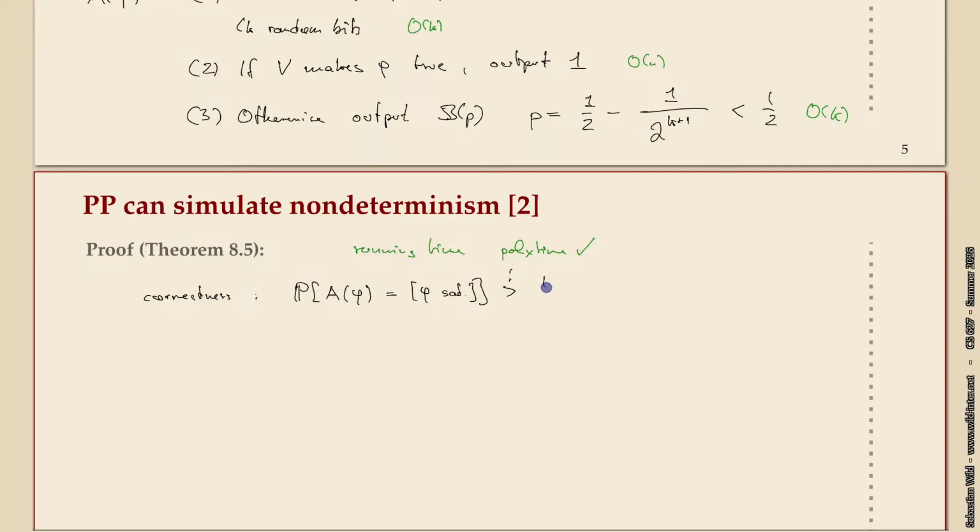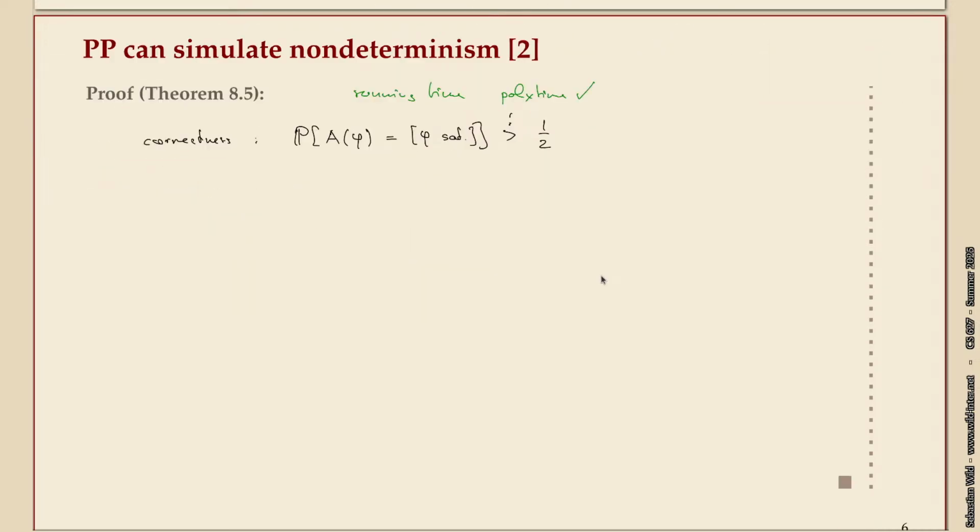This is a claim: strictly greater than 1/2. That's what we claim. And so we'll do a case distinction. If phi is in SAT, then we'll always output that, right? No, sorry, forget it. It's not true.